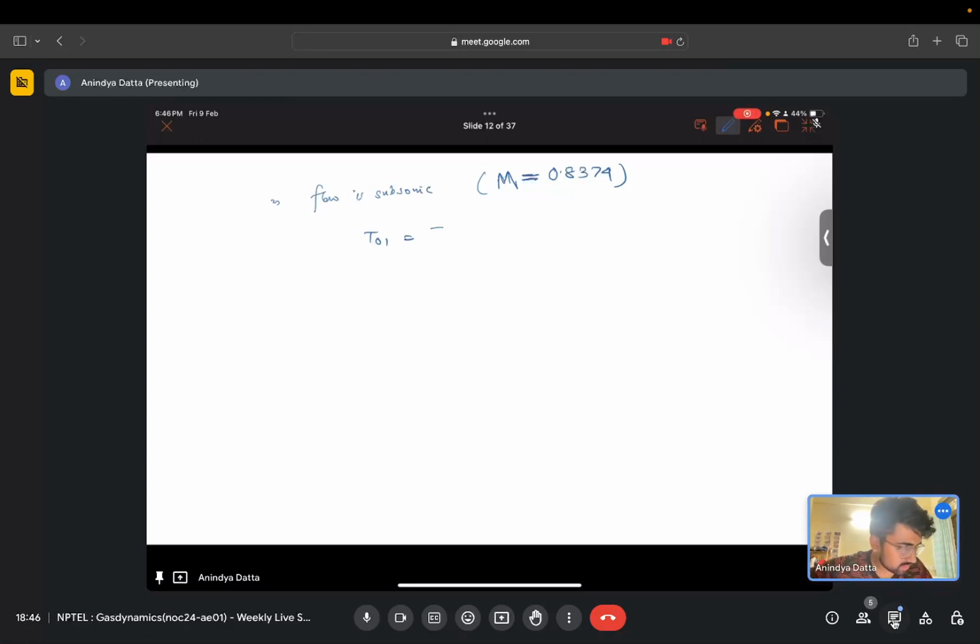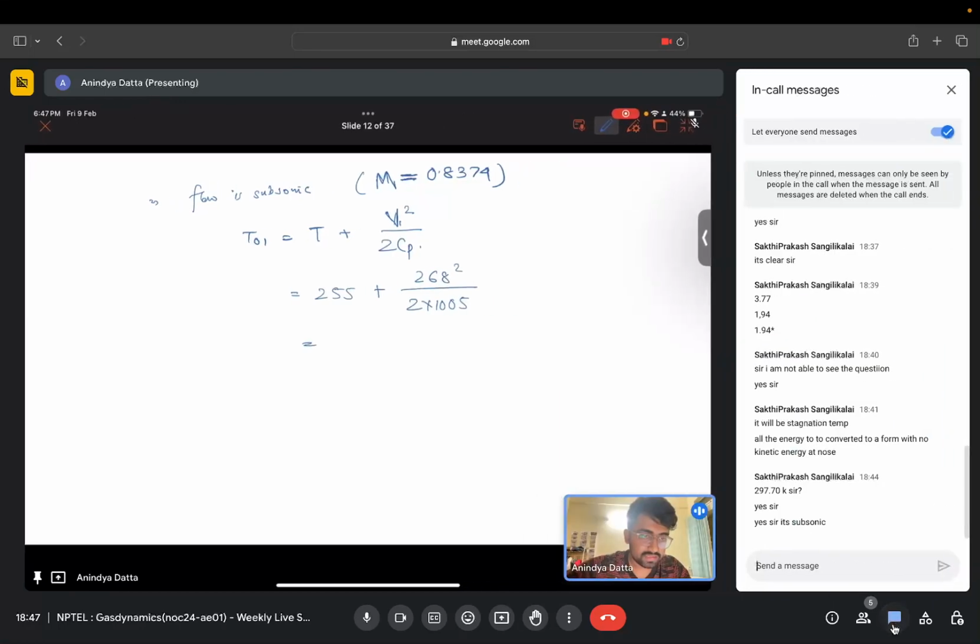Okay, so where was I? We can do this: T plus V squared by 2 Cp, which is 255 plus 268 squared by 2 Cp. Can anyone tell what will be the answer?